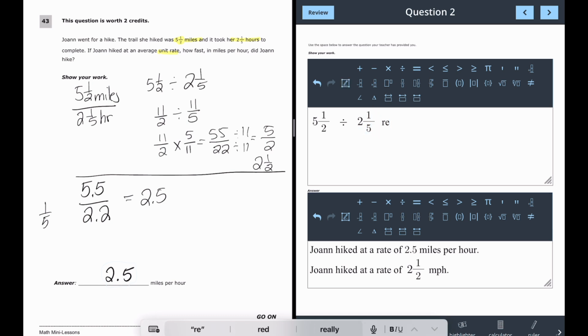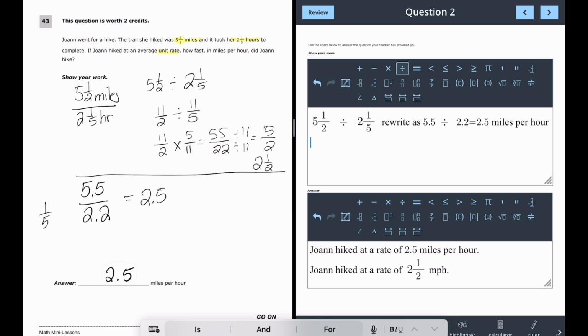And I'm going to say rewrite as 5.5 divided by 2.2, which is equal to 2.5. That's it. That's if I did it that way.